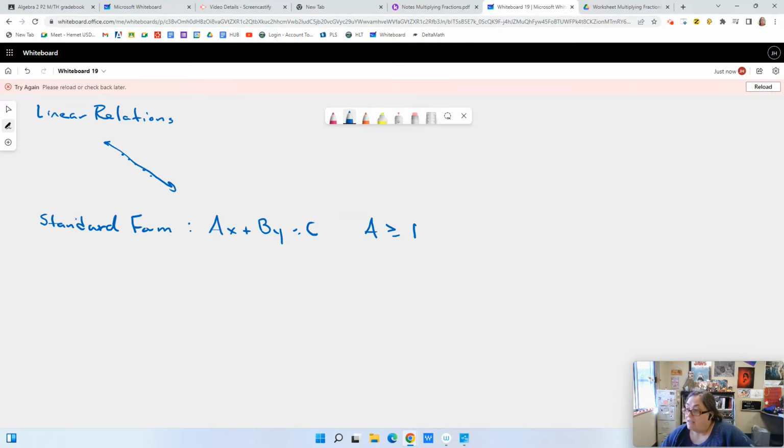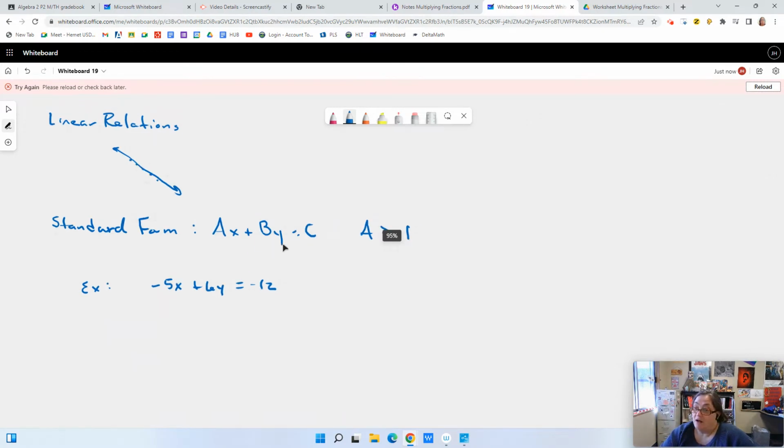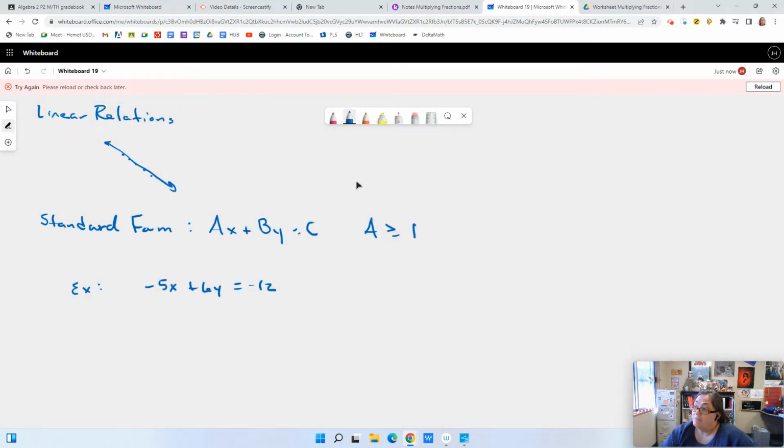So if I have an equation, say negative 5x plus 6y equals negative 12, it looks like that's kind of in standard form, but it doesn't follow that rule. It's got a negative on that x. And so if we were being asked to write this in standard form, we would have to handle that negative.